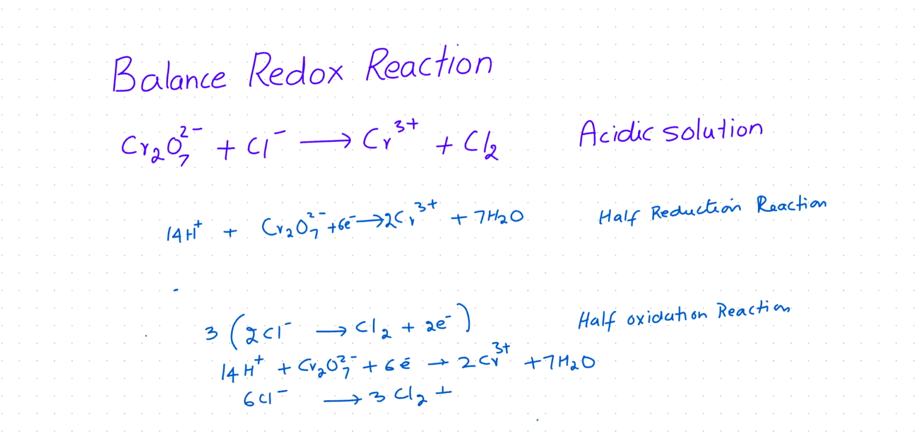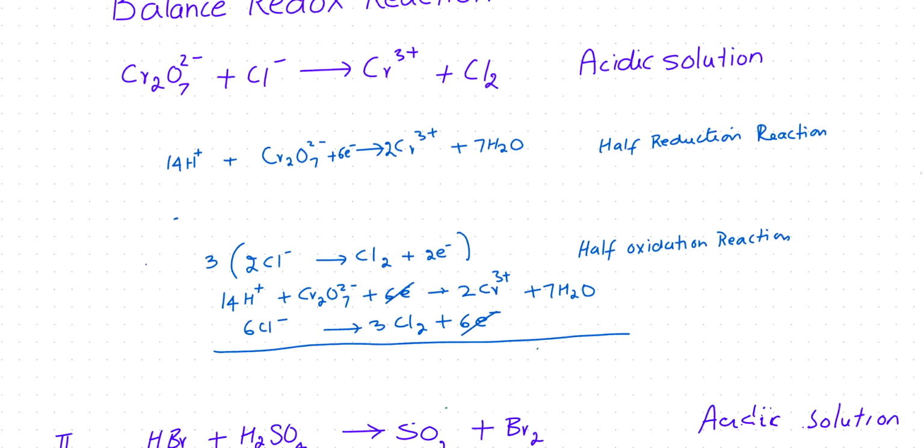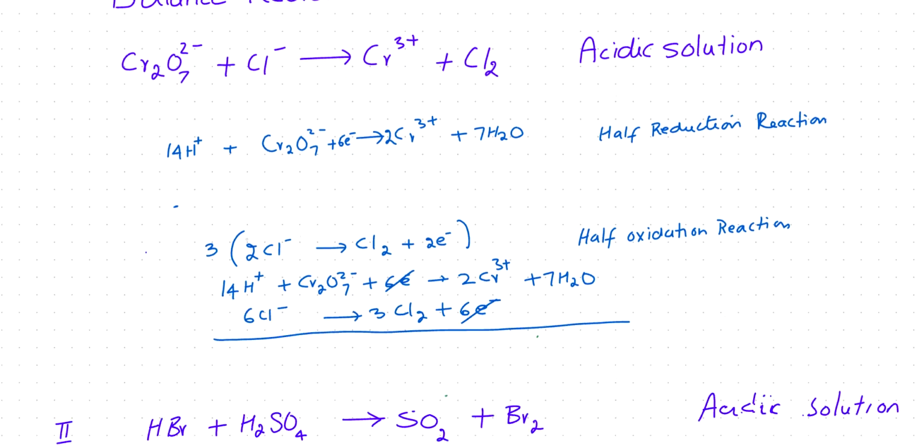Now we add these two equations. The 6 electrons on the left side and 6 electrons on the right side cancel. And then we write all the reactants and products. So on the reactant side we have 14H+, Cr2O7 2-, and 6Cl-.